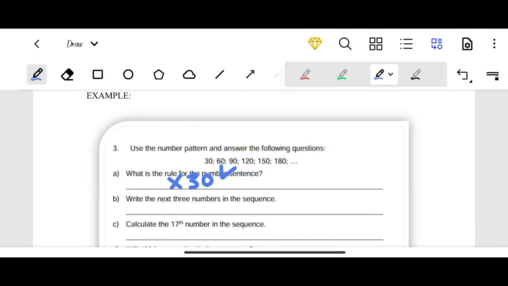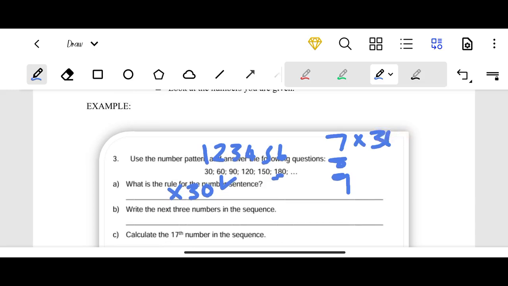Okay, B says, write the next 3 numbers in the sequence. So we are lastly at 180. So let me check. We have number 1, number 2, number 3, number 4, number 5, number 6. So it means that we are left with 7, 8, 9. Remember, we are saying multiply by 30.